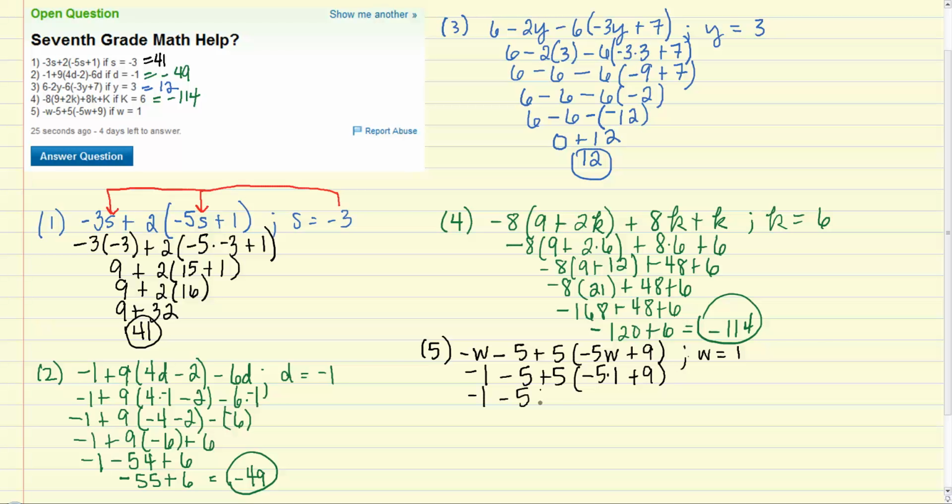Negative 5 times 1 is negative 5, plus 9 is 4. Negative 1 minus 5 plus 20. Negative 1 minus 5 is negative 6, plus 20 is 14. And that's our answer.